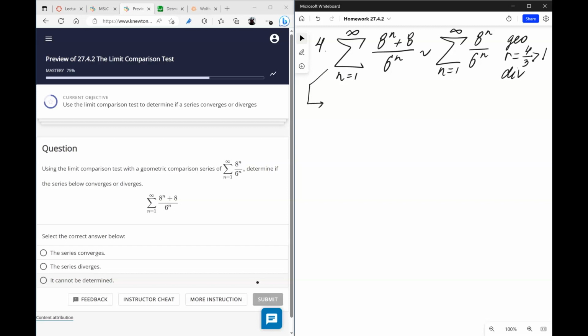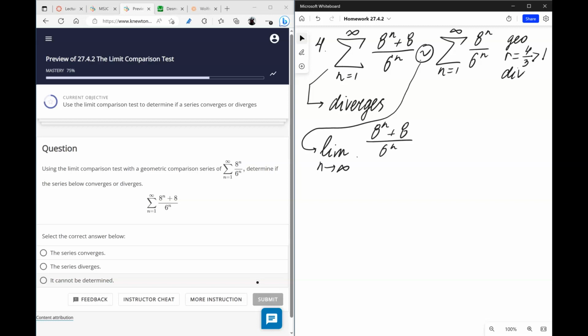So as soon as we establish the equivalence, we would conclude that this series diverges as well. Now, to establish this equivalence, we have to set up this limit as n goes to infinity of the ratio of the general term of the original series over the general term of the series against which we make the comparison, and this limit as n goes to infinity is equal to this.